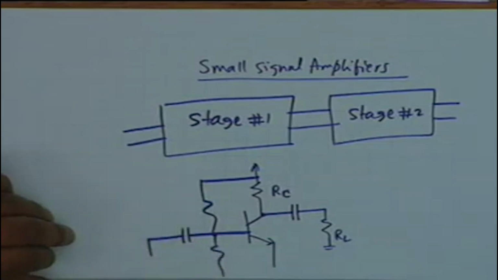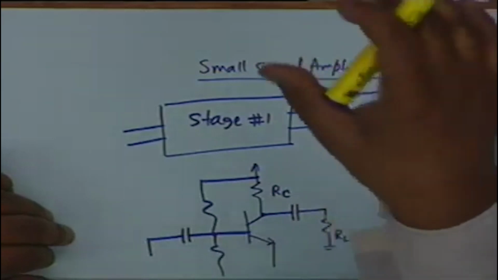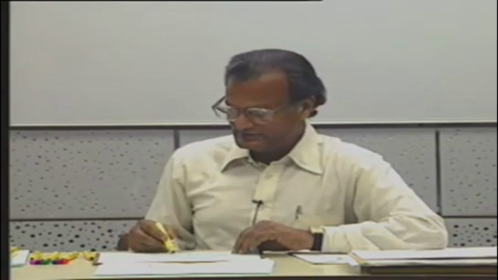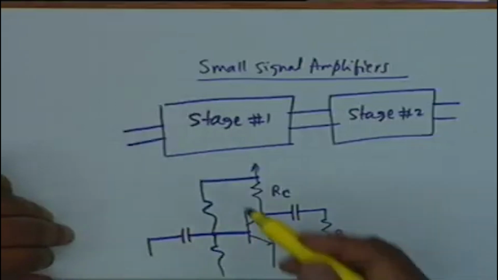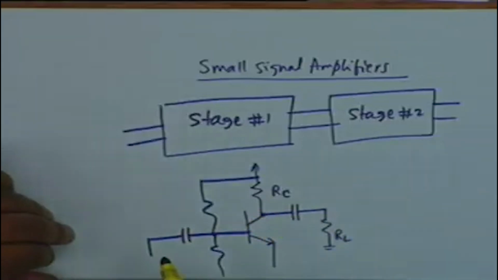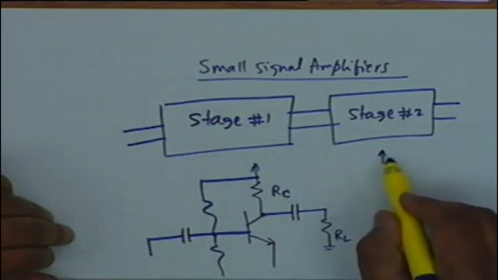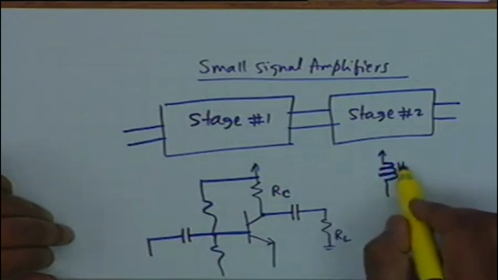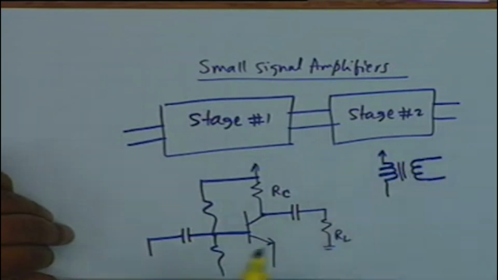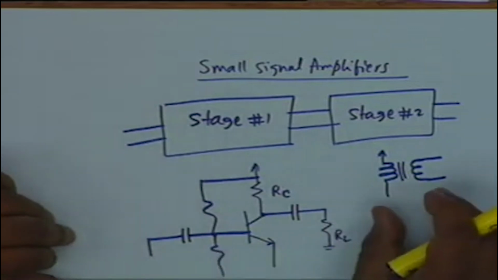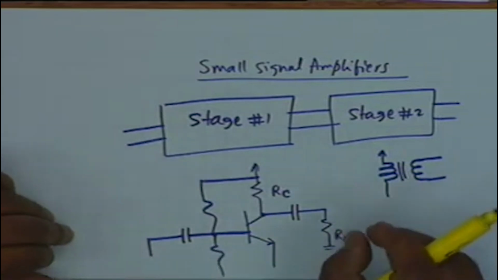Through a capacitor. All right. So coupling to the transistor either at the load side or at the input side, depending on what kind of coupling you employ, we call it by different names. For example, this is called RC coupling, resistance capacitance coupling. On the other hand, you have seen in power amplifiers, you can couple to the load through a transformer. This is called a transformer coupled amplifier.